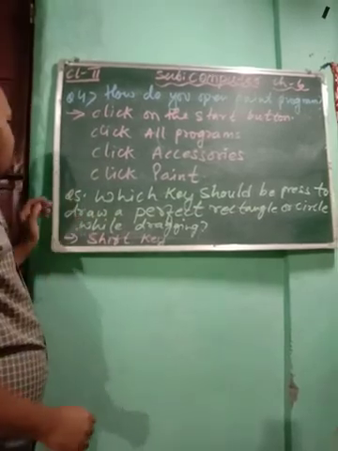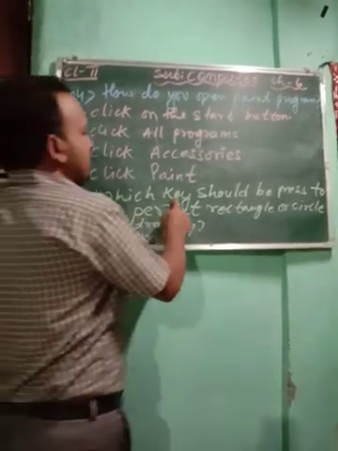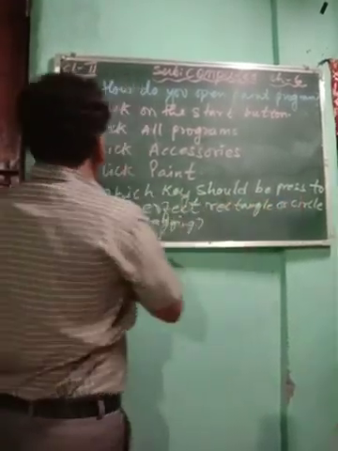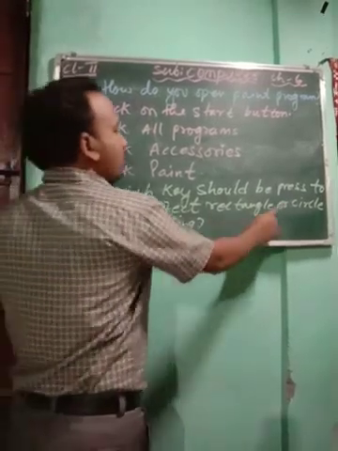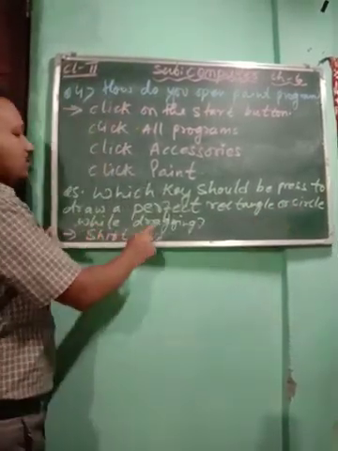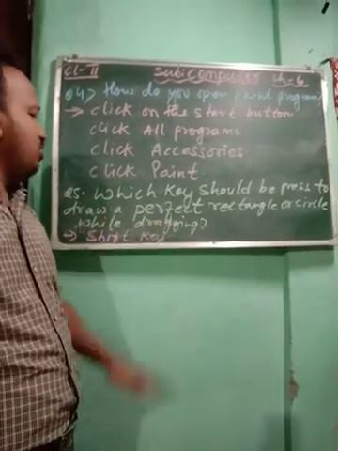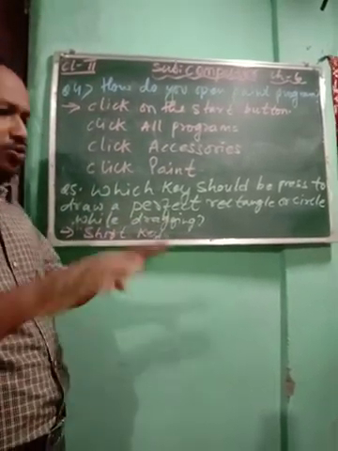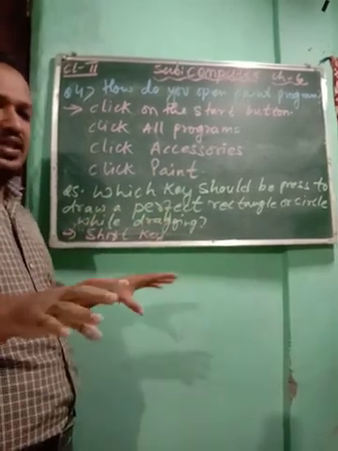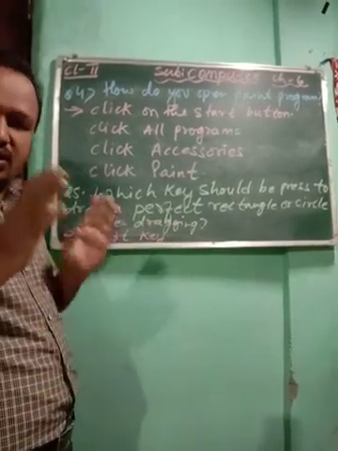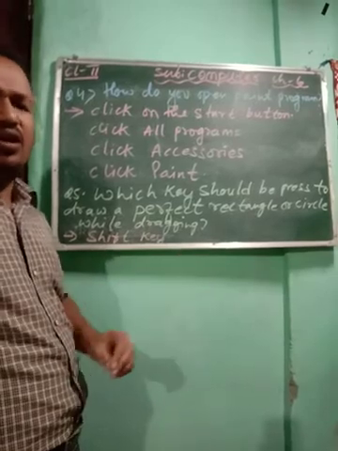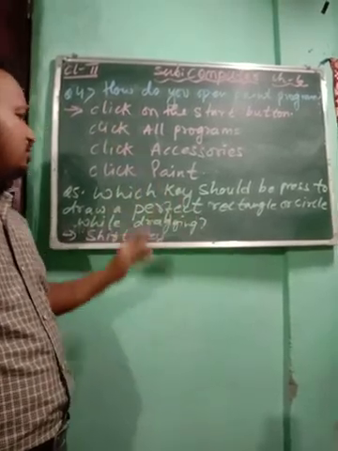Okay, now number 5, which key should be pressed to draw a perfect rectangle or circle while dragging? So you see, while you're dragging, which key should you press so that you will get a perfect rectangle and perfect circle, whatever line. So you will get a very perfect shape. Very easy answer.